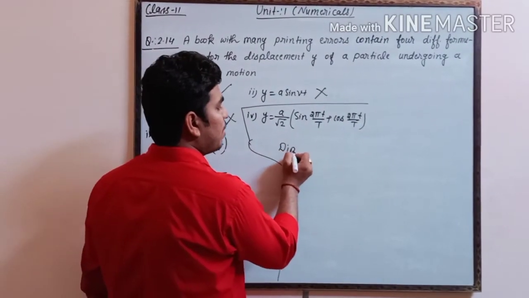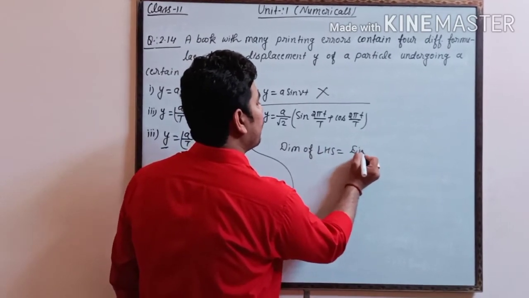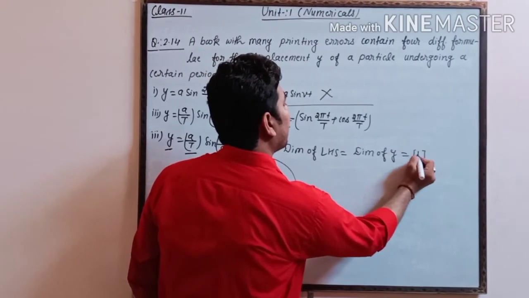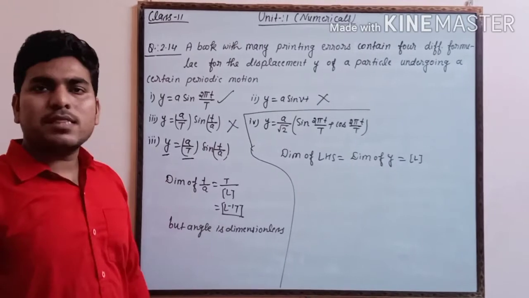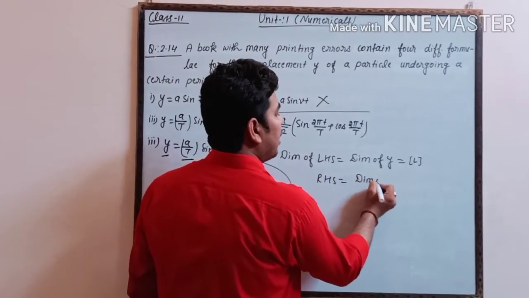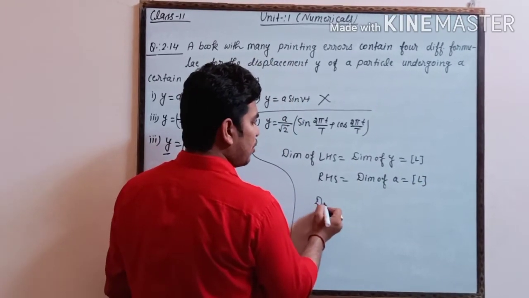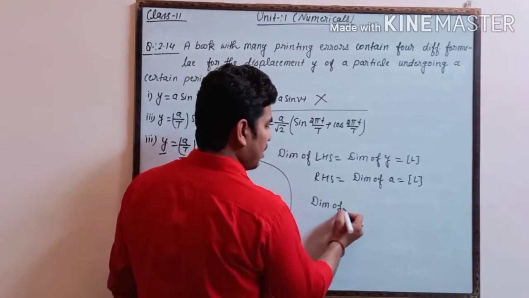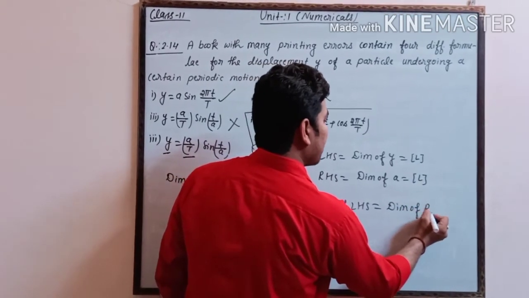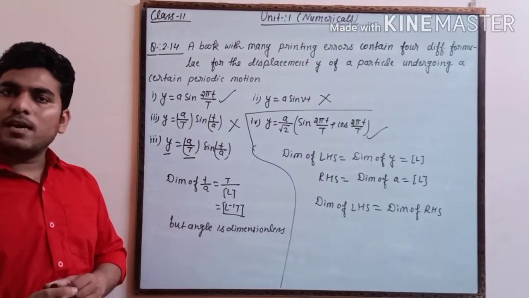So here dimension of LHS is dimension of y, which is L, because dimension of displacement is L, and dimension of RHS is dimension of A, which is also L. So dimension of LHS is equal to dimension of RHS. Therefore this physical quantity is dimensionally correct.